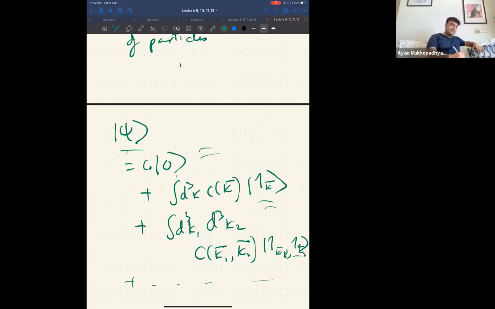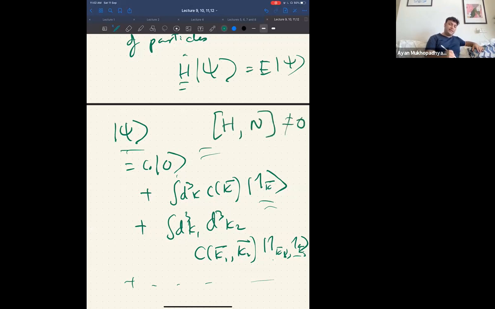Because if I look at eigenstates of H, H psi equals E psi, right? H doesn't commute with the number operator. The eigenstate of the Hamiltonian will be of this form.